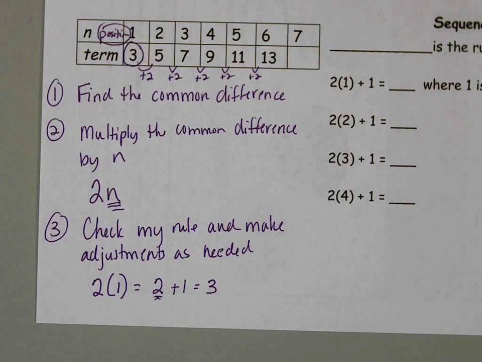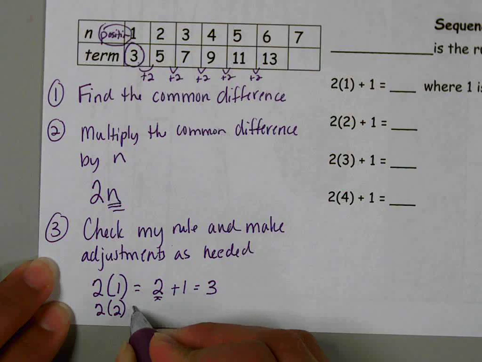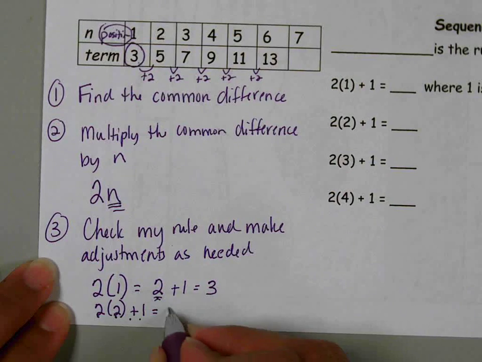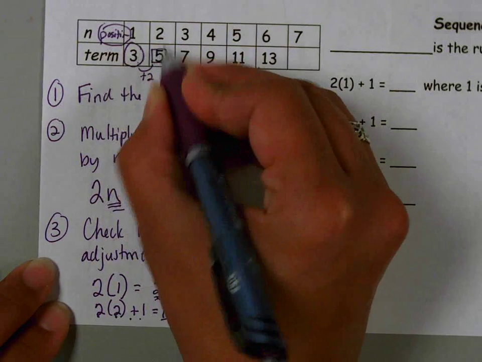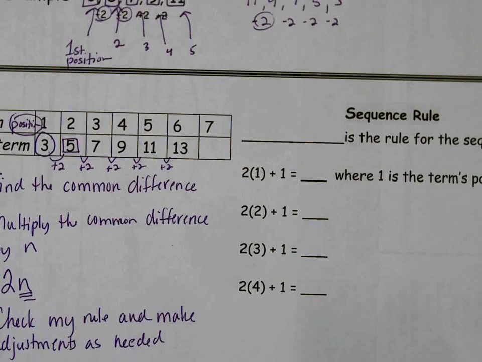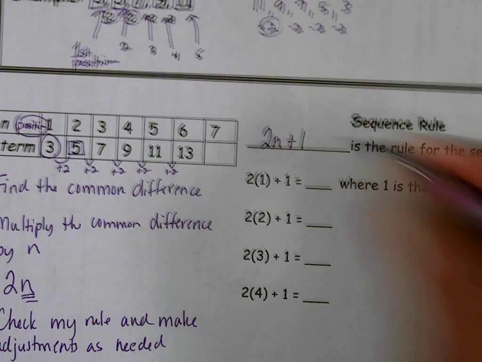So let's test this. If I do 2 times the second position plus 1, that's 2 times 2 is 4, plus 1 is 5. And this matches the second position. So my rule is going to be 2n plus 1.